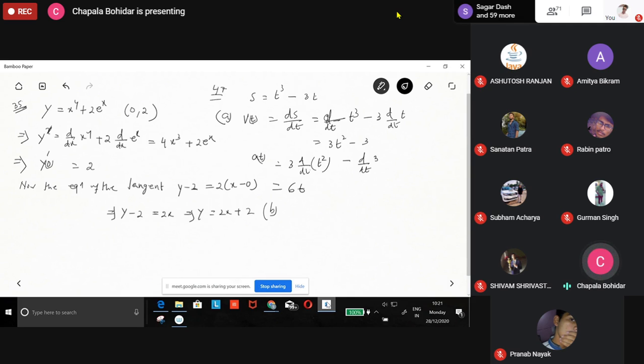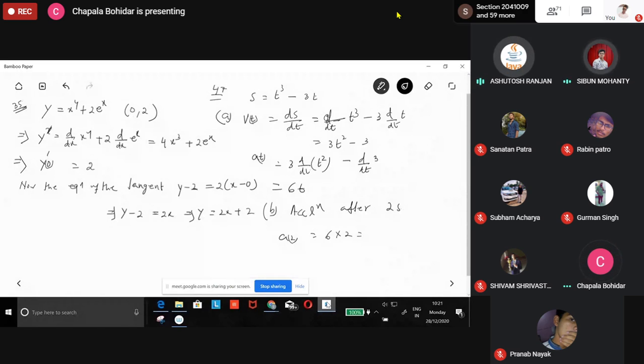Find the acceleration after 2 seconds. So acceleration after 2 seconds, that is a(2), is equal to 6 into 2. What is the unit here?